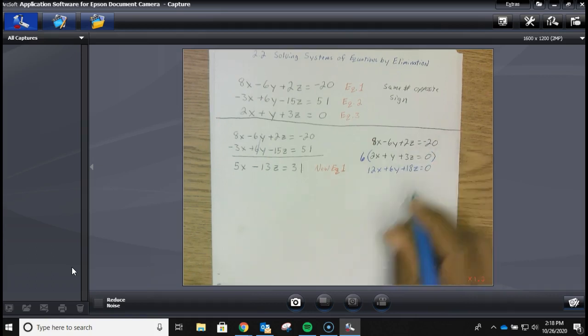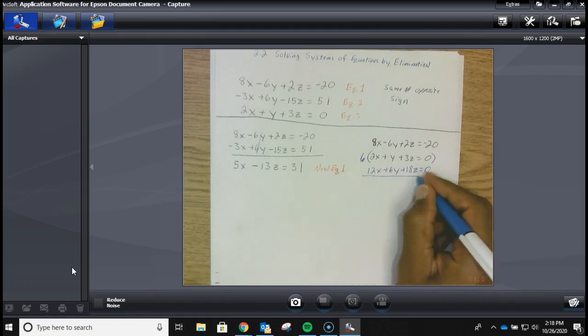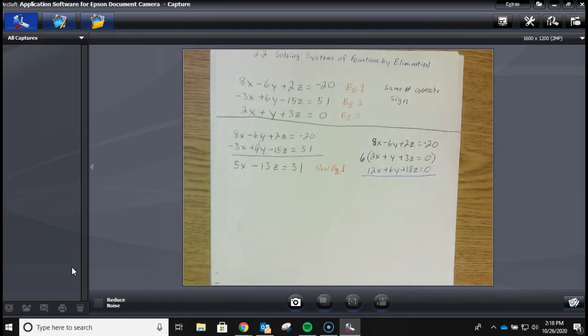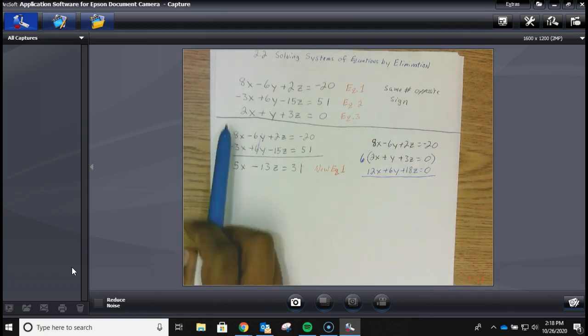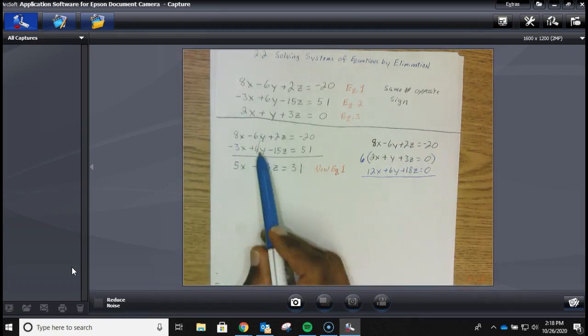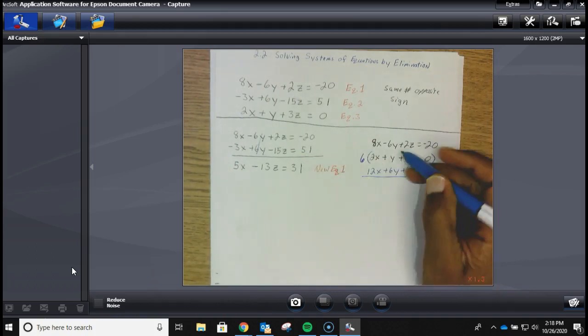Anything times 0 is 0. All right. So now that I got a new equation there, now I can add straight up and down. And why did I do that? Because I want to make my y's be the same number, opposite sign. Because I chose to eliminate y in the very first situation, I have to eliminate y in the next one as well.